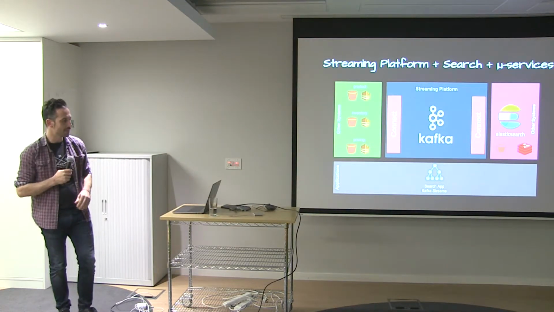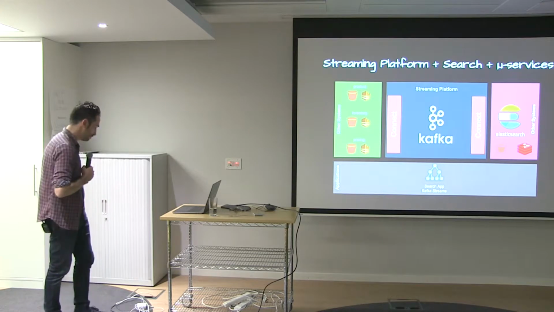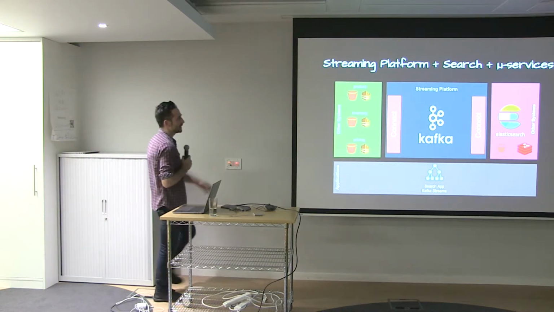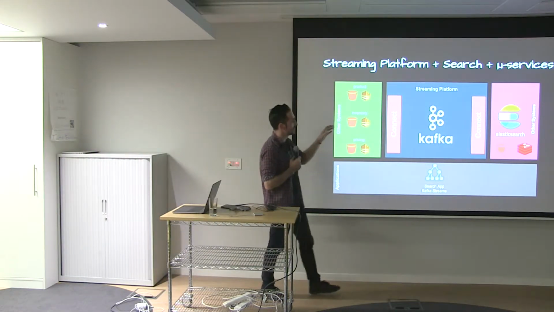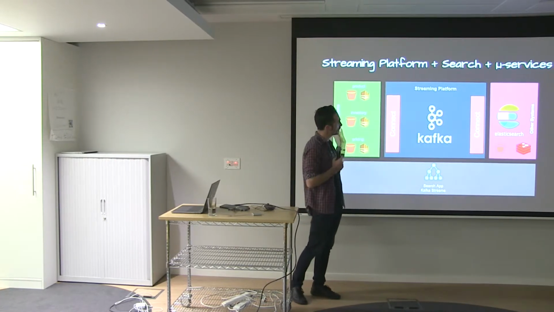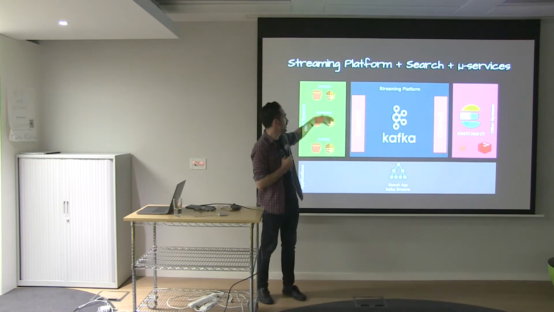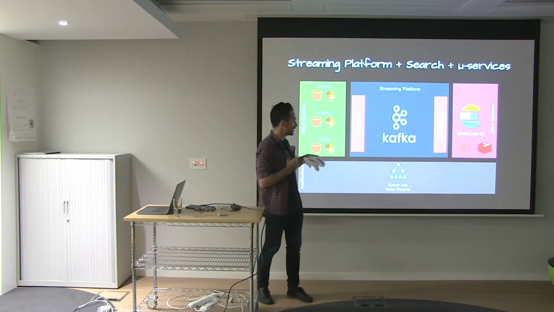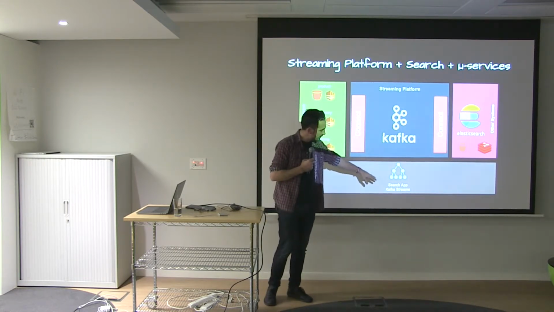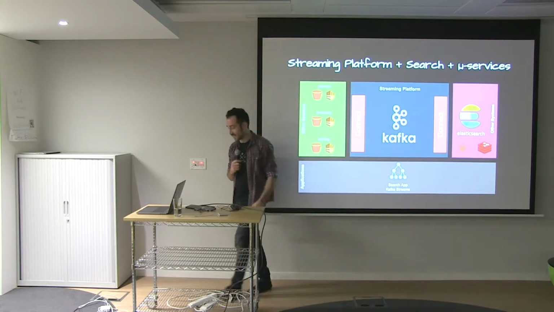This is a really high-level view of what we are building. We have Kafka in the middle, our streaming platform. We push data into Kafka using connectors, interfacing a number of systems. Then there is our search app, which is a Kafka Streams app.